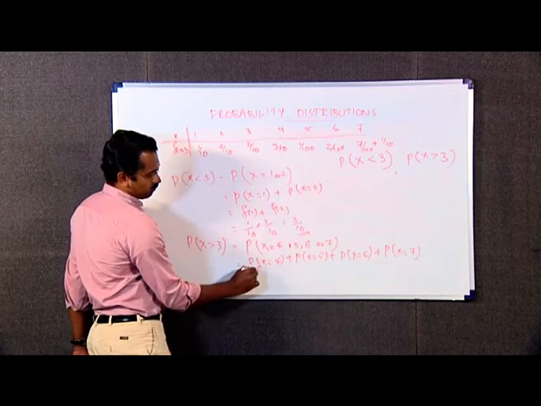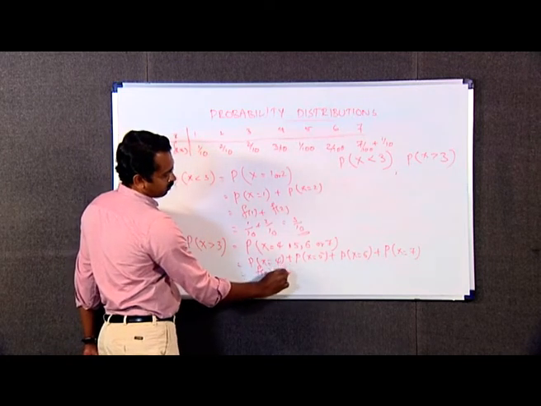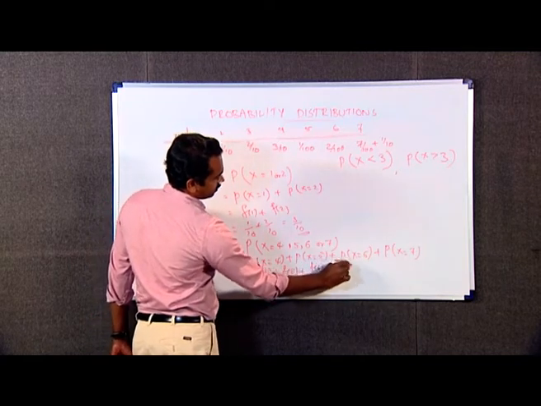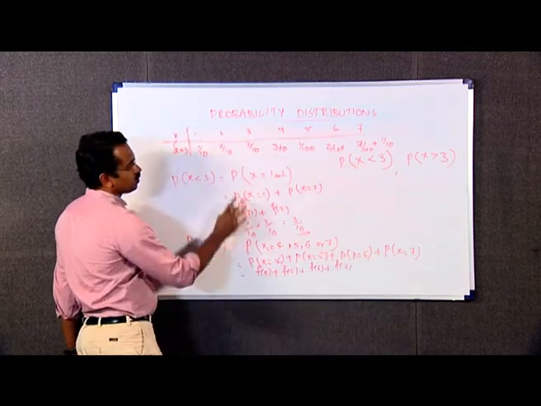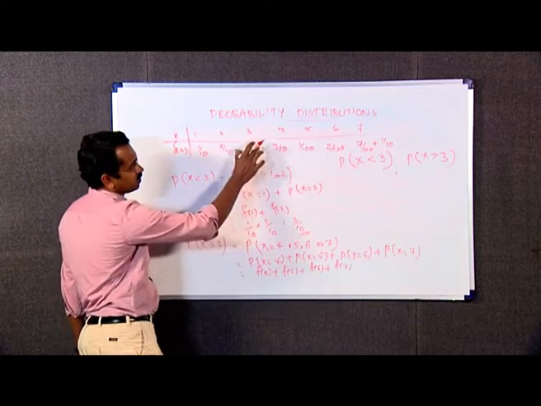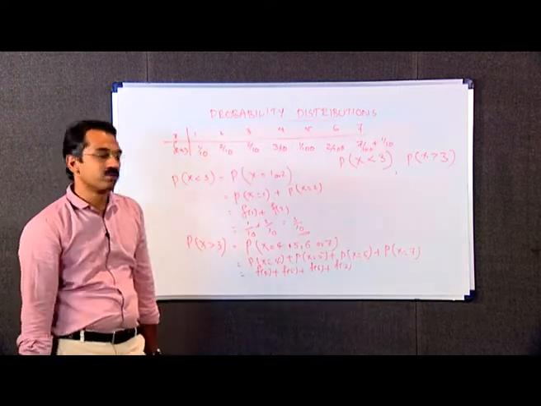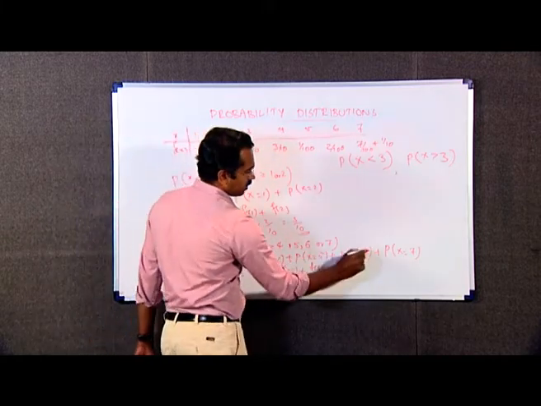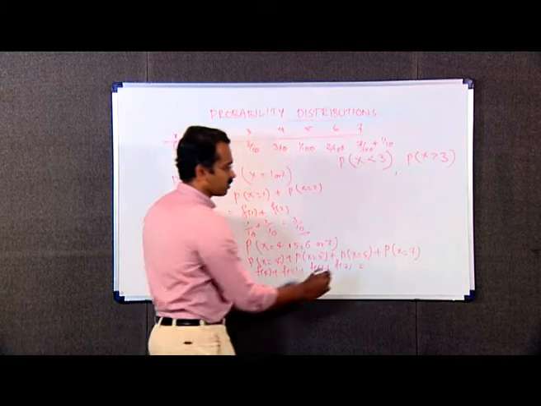That is equal to f of 4 plus f of 5 plus f of 6 plus f of 7. If we substitute these values from the table, we will get P of x greater than 3 as 19 divided by 100.